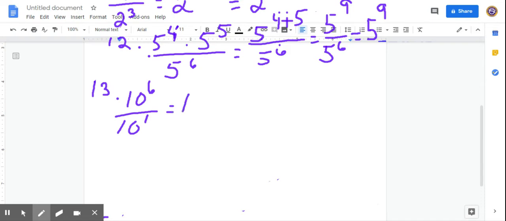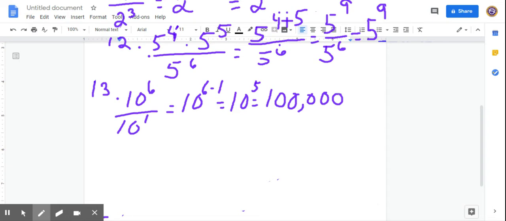So that's going to be 10 to the 6th minus 1, which is 10 to the 5th power, which means you have 5 zeros. So 100,000 grams. How many times?